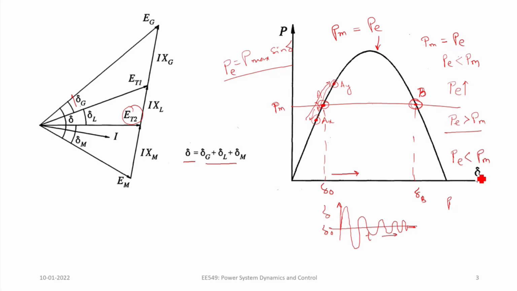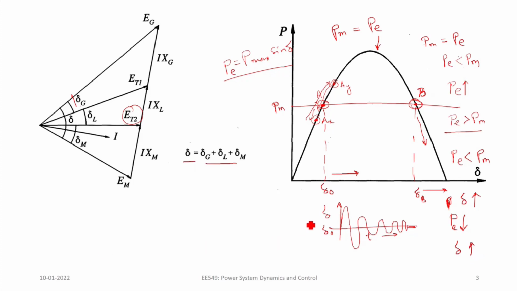As P becomes less than Pm, your delta will accelerate. As delta accelerates, we can see from this characteristic that P will reduce further. As P reduces further, the acceleration will again take delta to more and more increased values of delta, right?